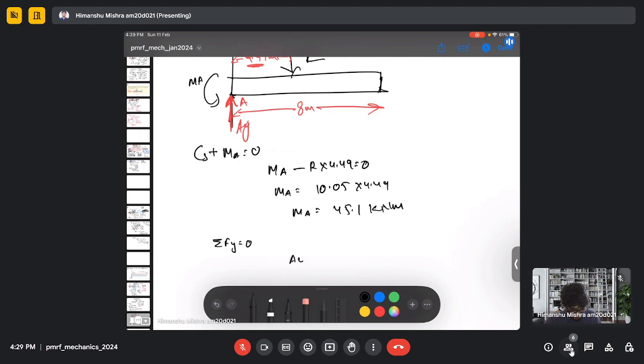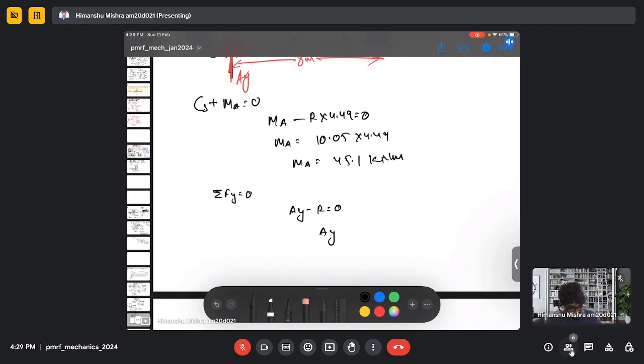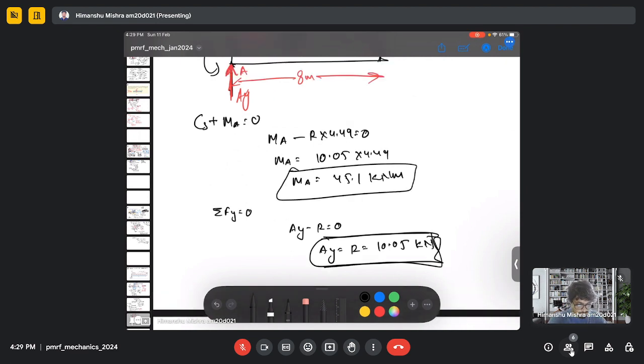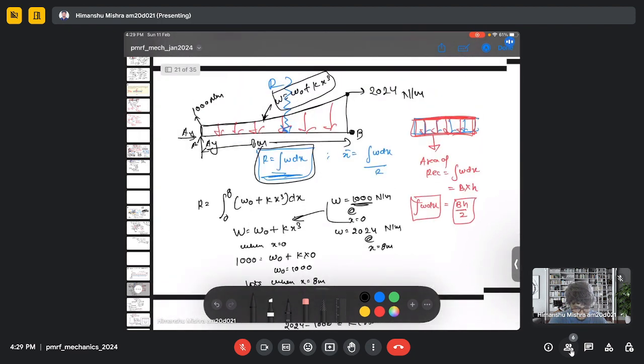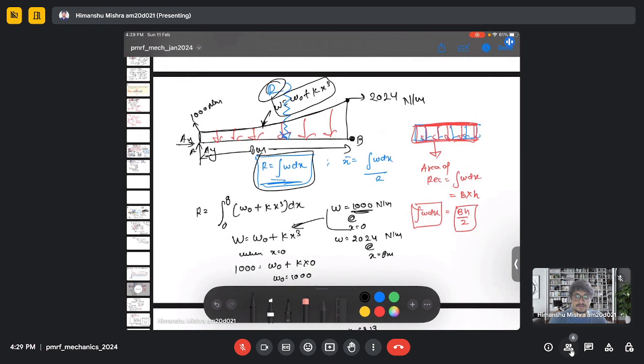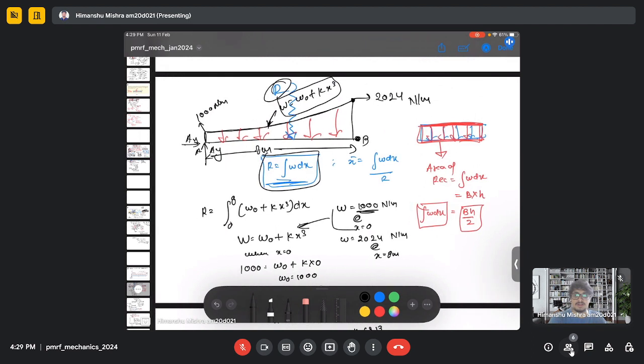So it is AY minus R equal to 0. So my AY equals R, which is 10.05 kilonewton. So this is my normal reaction at A, and this is my moment at A. So we actually calculated the resultant force and the location of this resultant force from A, and then we have done the moment and force balance analysis.